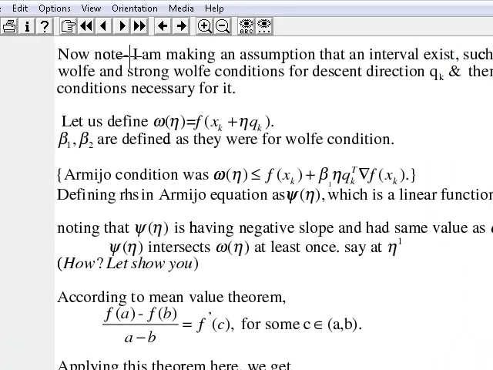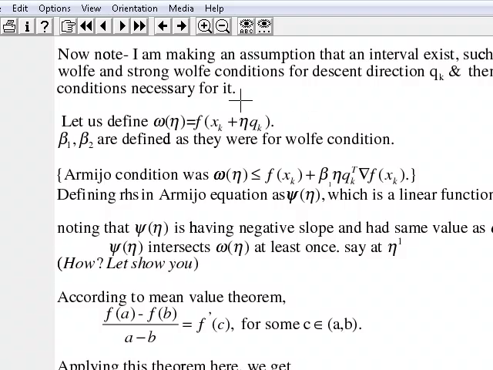Now I make an assumption that there exists a set of values of eta for our descent direction q, such that they satisfy the Wolfe condition and strong Wolfe condition. I will take it for granted.